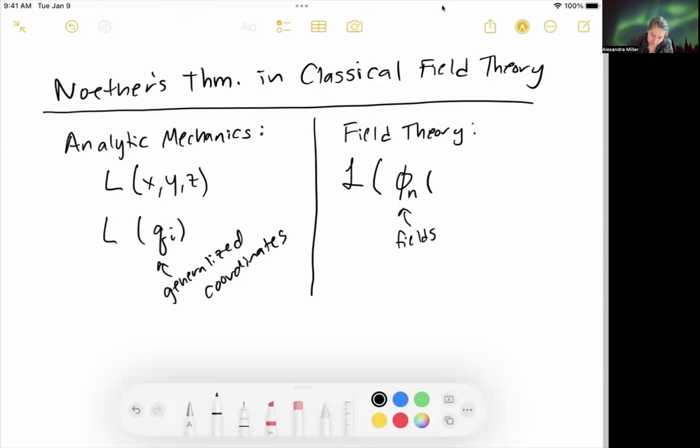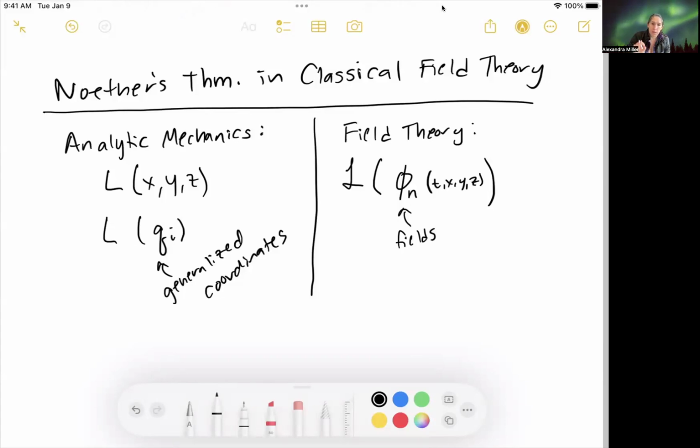And the fields then are functions of our space-time coordinates, so t, x, y, and z. So our Lagrangian, the thing that it's directly a function of is our fields, and then the fields are functions of the space-time coordinates. This is different from analytic mechanics, right?